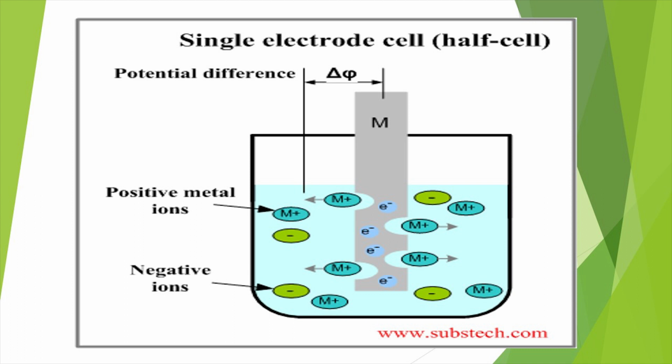There will be a constant negative charge on the metal rod and a constant number of M plus ions around the rod. Once this situation is achieved, such a system is defined as an electrode. A system where a metal is in dynamic equilibrium with its ions is known as an electrode.